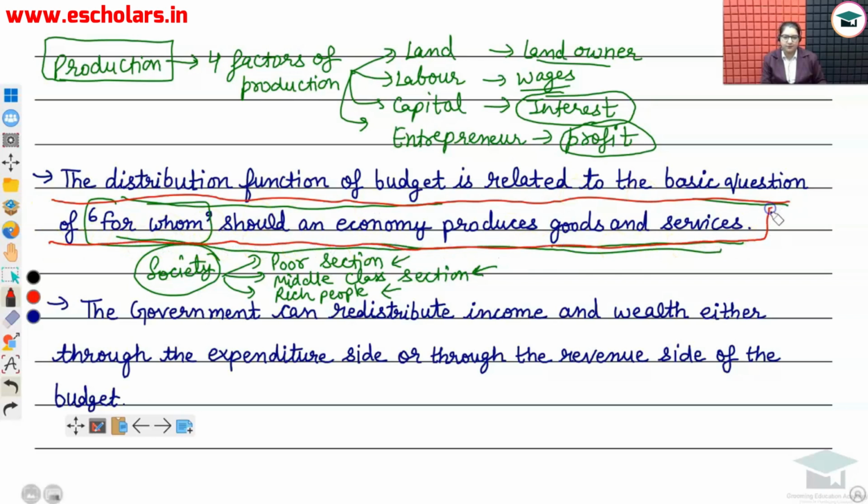Next, the government can redistribute income and wealth either through the expenditure side or through the revenue side of the budget.